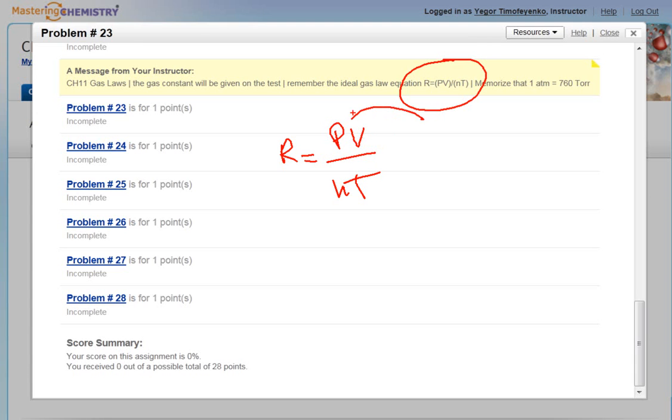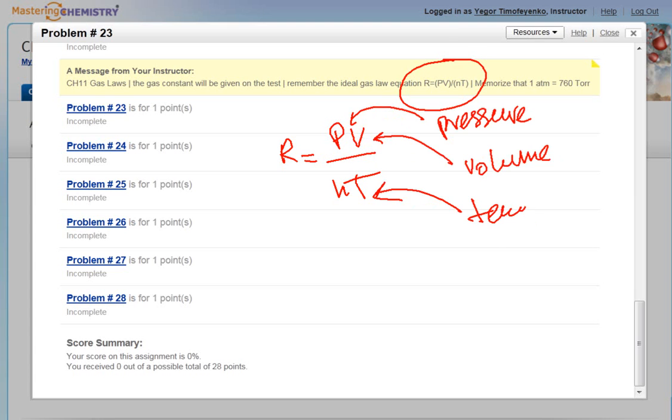P is pressure, V is volume, T is temperature in Kelvin, not Celsius, and n is moles of gas.